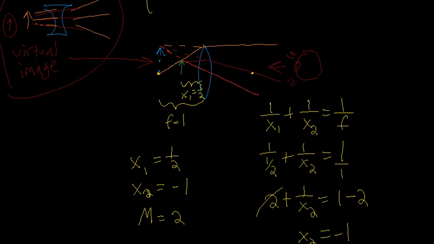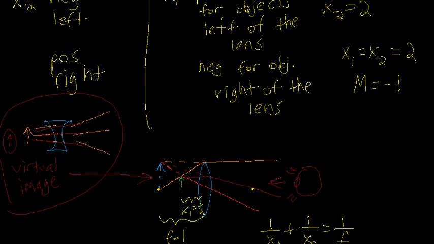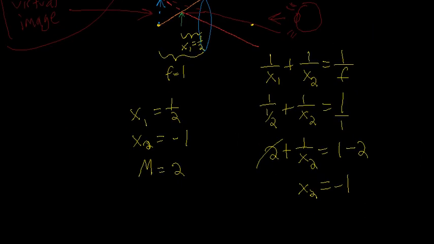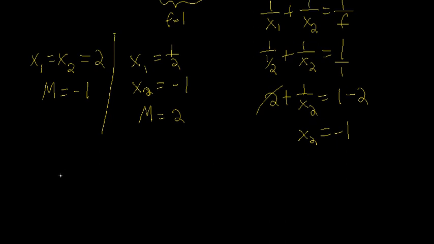Between these two examples, I can't really fit both of them on the screen at once, so let me copy this down here for you. If you see both of these situations, you can come up with an equation that just states this: that magnification is the opposite of the ratio of x2 over x1, or the distance after the lens over the distance before the lens.